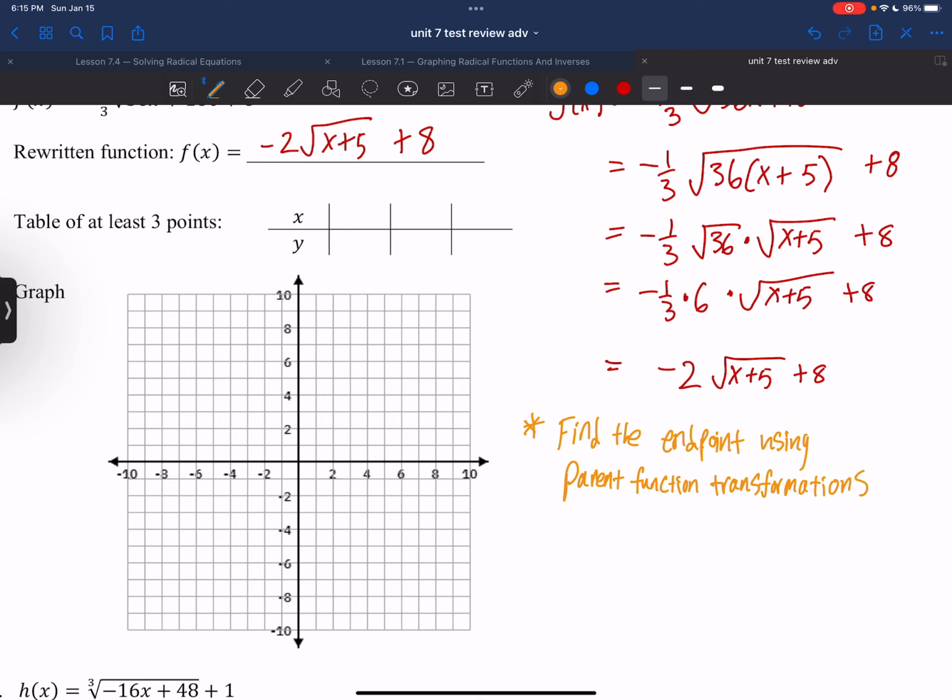What I mean by that is your original endpoint is at 0, 0. So the only thing that's going to affect that endpoint is shifting left or right and up and down. Now, a plus 5 is a shift left 5. When I write -2 root x plus 5 plus 8, this is doing a few things. The -2 is a vertical stretch and a vertical reflection.